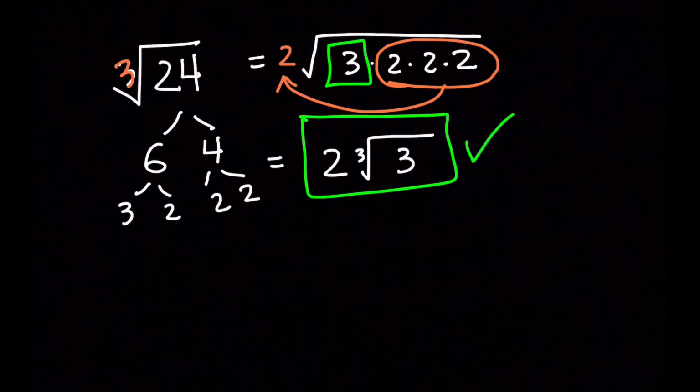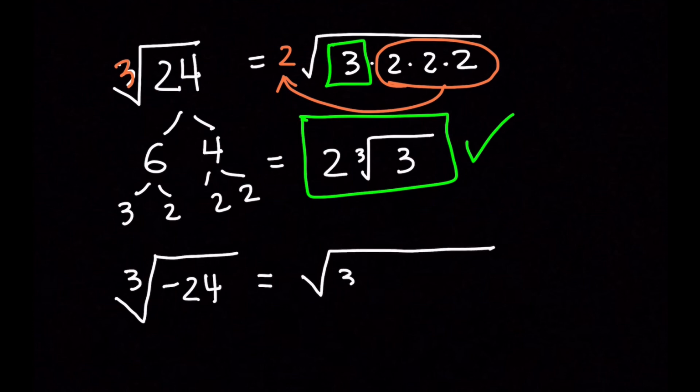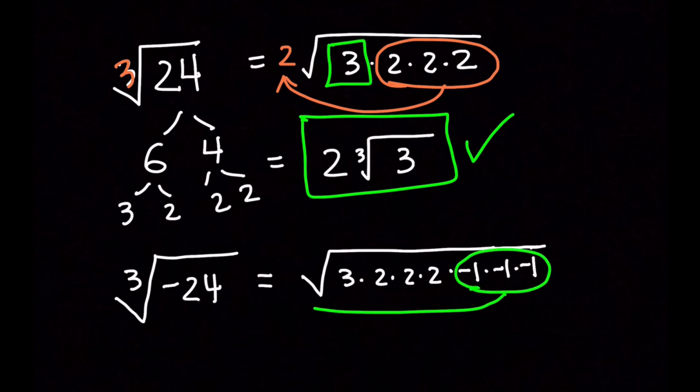If I had a negative in there, let's say I take a cube root of negative 24, this means 3 times 2 times 2 times 2 times negative 1 times negative 1 times negative 1, because that still gives me negative 1. You feel me? So I will take a set of 3 and 1 will come out.